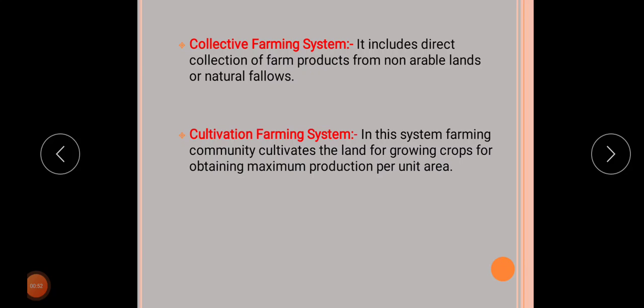Second, cultivation farming. In this farming system, the community cultivates the land for growing crops to obtain maximum production per unit area.